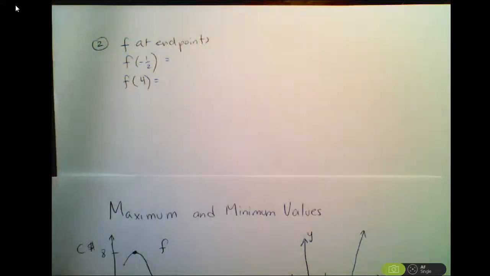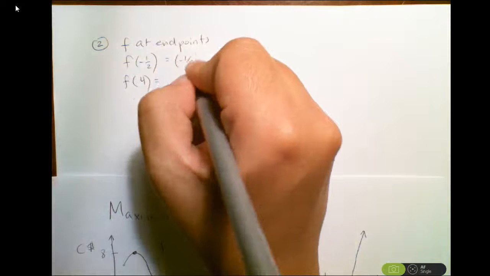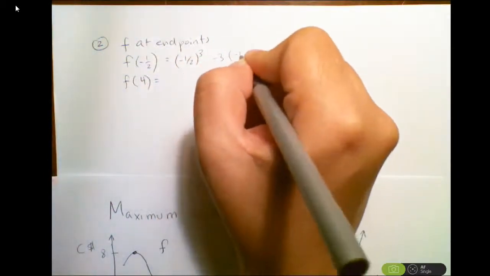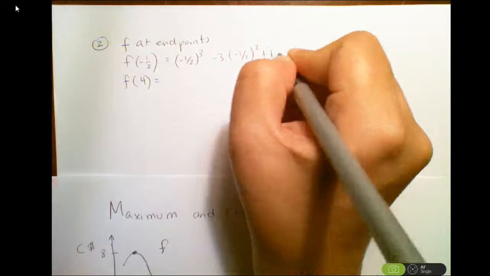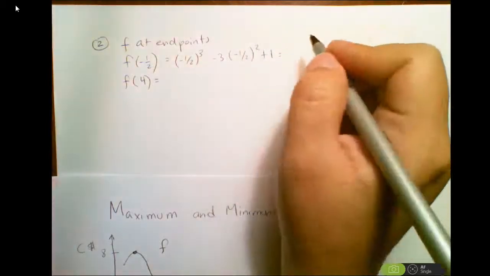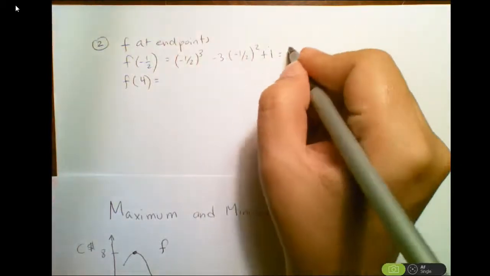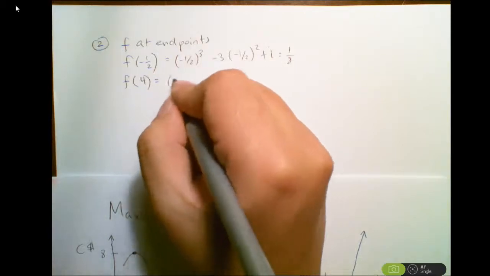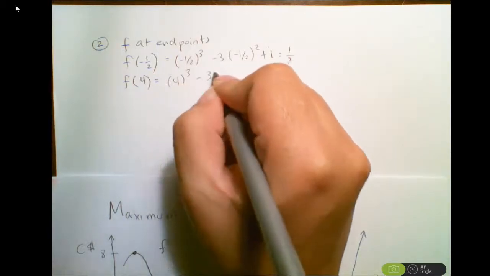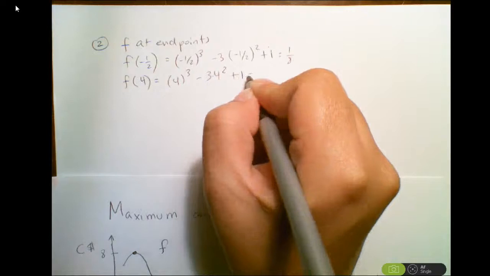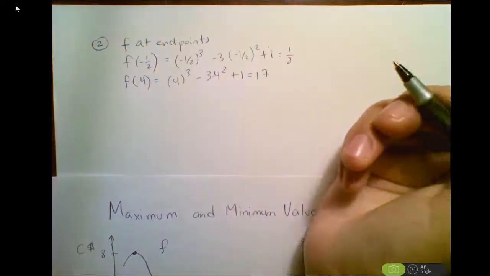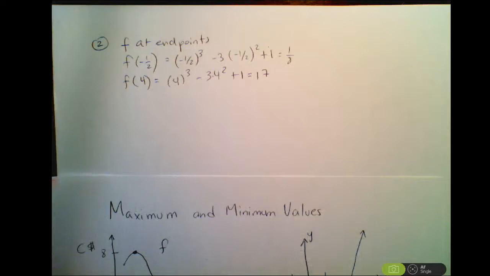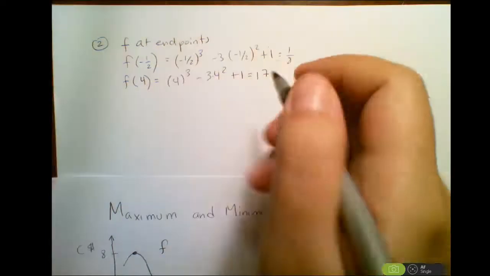Now f of negative 1/2 would be negative 1/2 cubed minus 3 times negative 1/2 squared plus 1, and that is actually 1/8. And then f of 4 is 4 cubed minus 3 times 4 squared plus 1, and that gives me 17. Now let's see.